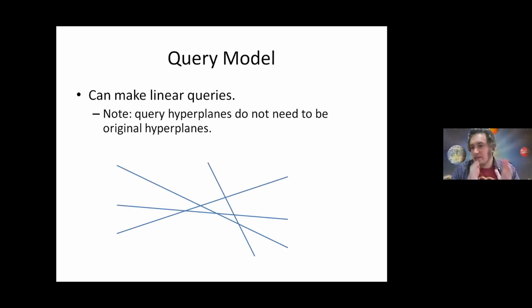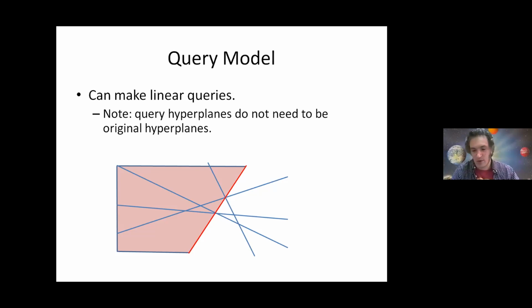Now, one slight note that's useful in at least some versions of the problem is that we'll actually allow you to query hyperplanes that don't necessarily need to be the defining hyperplanes of this arrangement. So I could ask my first question to be, say, this hyperplane. I just invent a new one and determine that the point I'm looking for is over there.